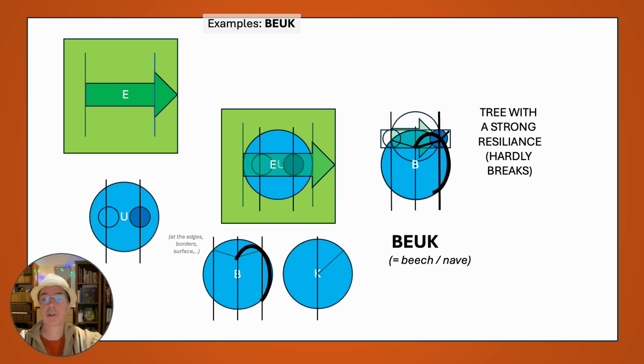Beuk, you see the pressure going to a point, which is a pressure point, almost a breaking point, but the B makes a kind of resilience against that breaking point. That fits with the beach. This overarching movement also fits with the knave, to a degree that it is overspanning some area.